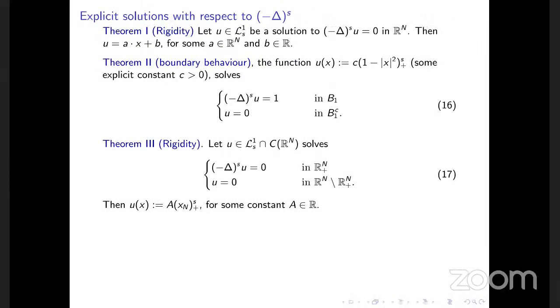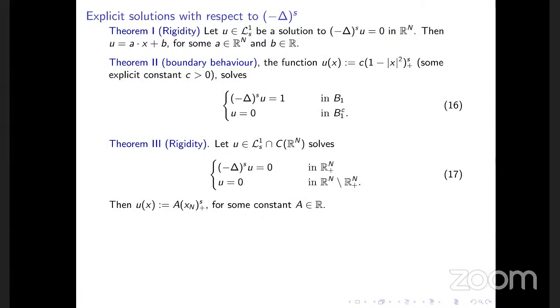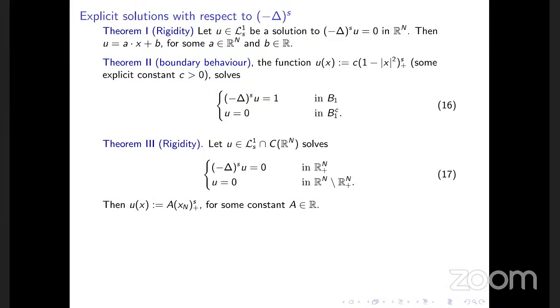Another rigidity result, also proved by Wenxiong Chen and co-authors, is that on the half space one can classify all possible solutions, in the sense that if u is s-harmonic in the half space and 0 at the boundary, then it is proportional to x_n to the power s.